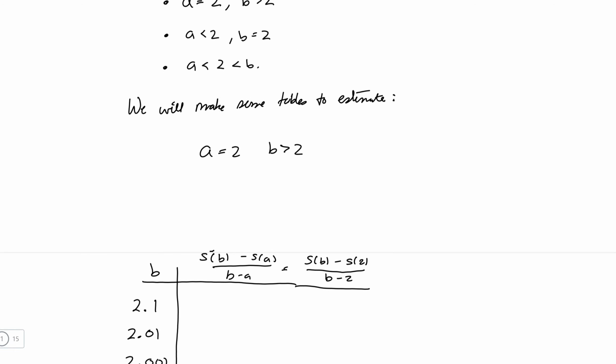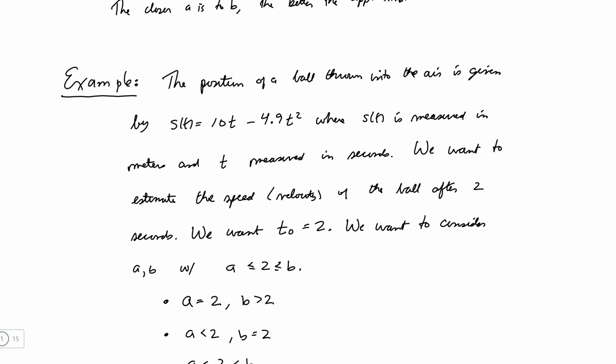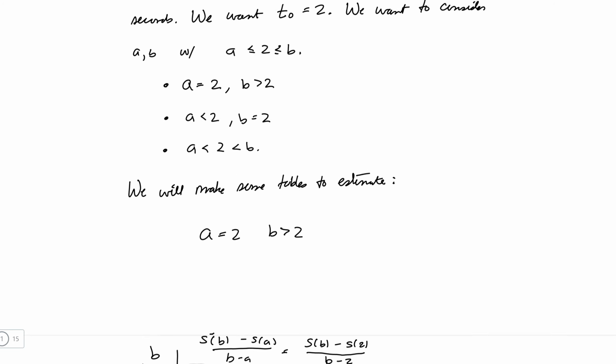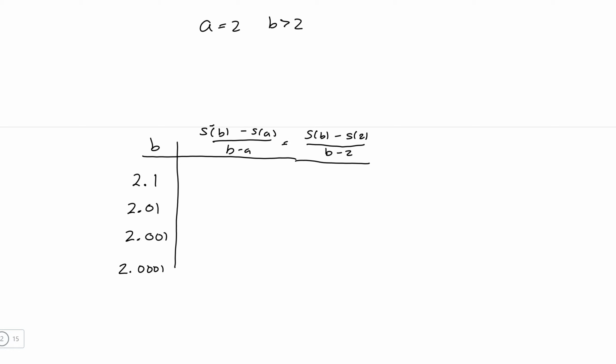We take S of t equals 10t minus 4.9 t squared, plug these values for b in and for 2, and look at this difference. If we do this, we get minus 10.09, then minus 9.649, minus 9.6049, and minus 9.6005.